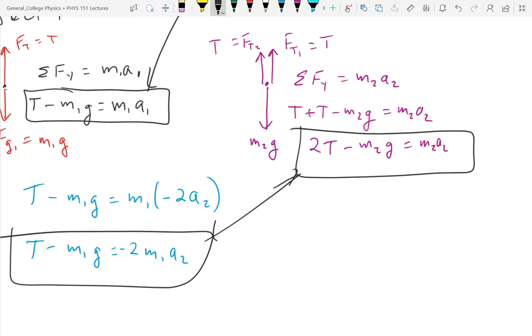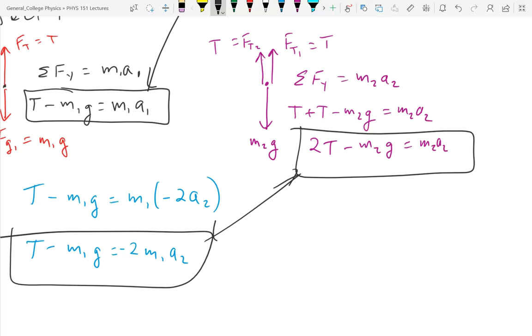Okay, somebody want to help? How would you eliminate tension from these equations? Okay, Sarah says solve for T. So choose one of the equations, solve for T, and then plug that into the other. That's the standard method. It works perfectly.